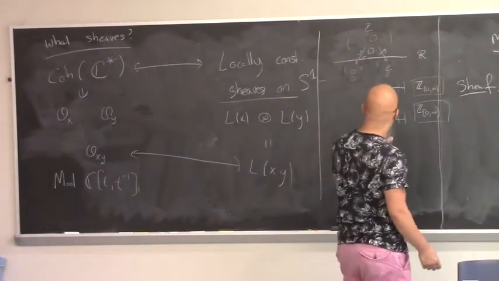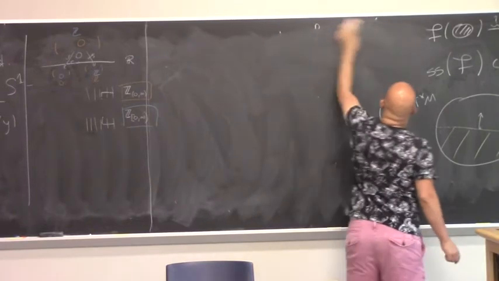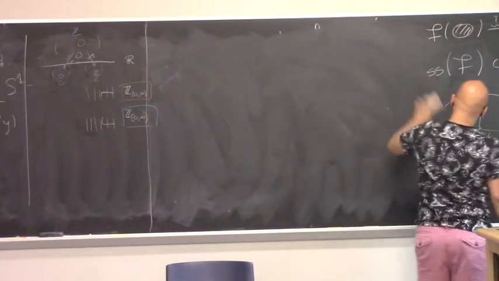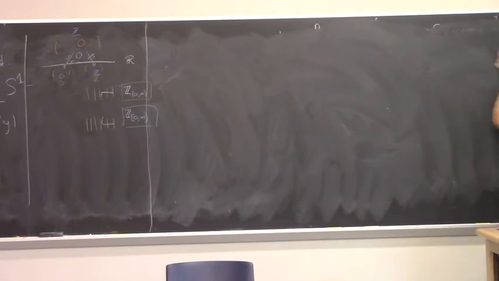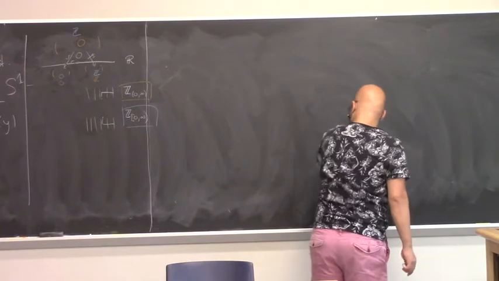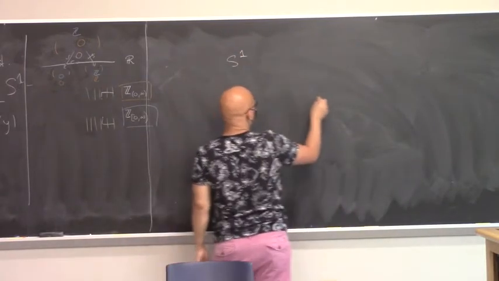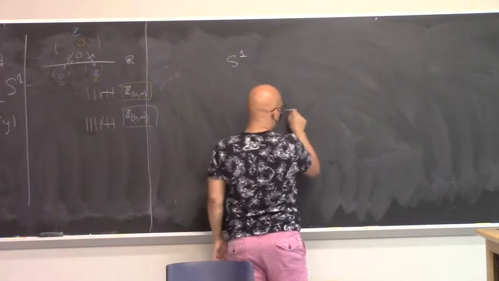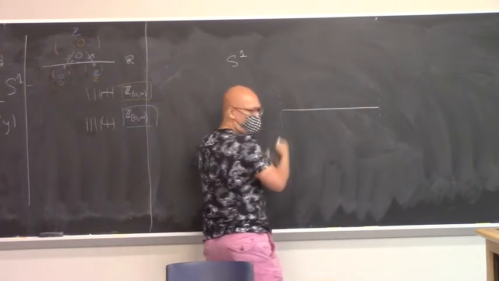Then I want now to go to maybe the next most complicated manifold, which is S1. So look at S1, the circle. And I'm going to draw the circle as just a line, but you have to glue up the ends.